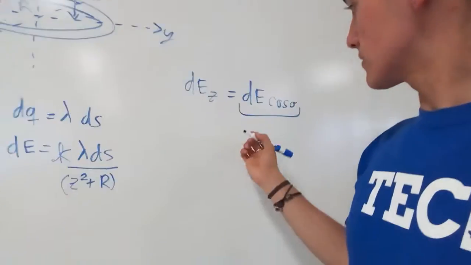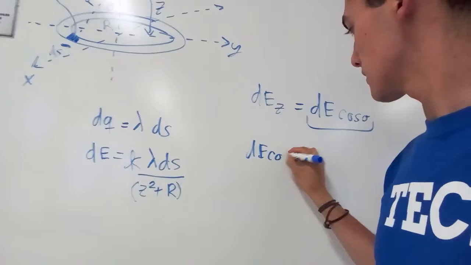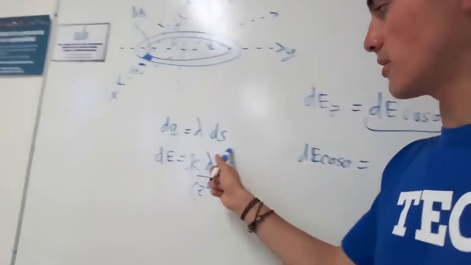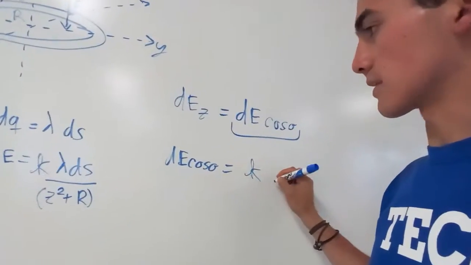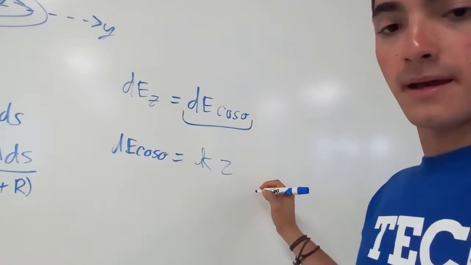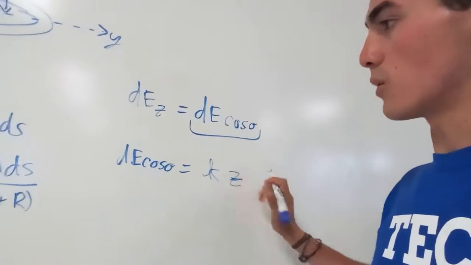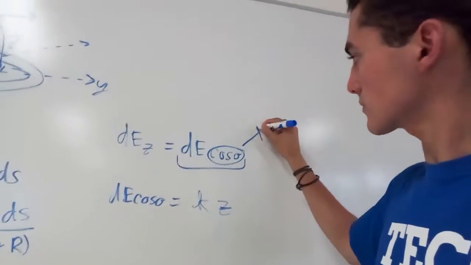So the electric field dE cosine of theta will be equal to this part that we established here, Coulomb's constant times lambda, times the cosine of theta.